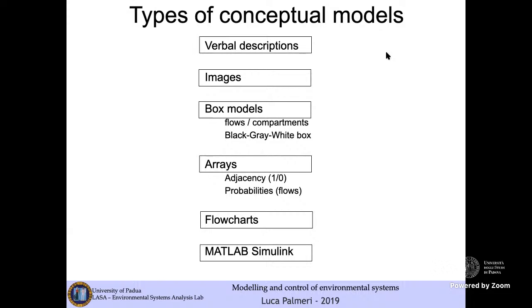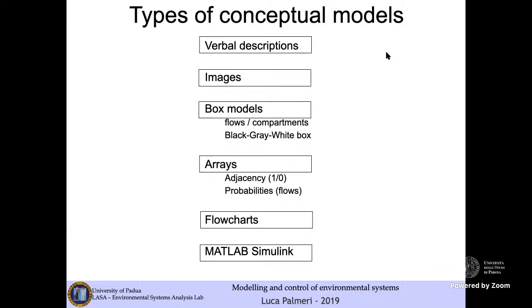Once we have built a box model, you may recall that we are ready to translate these box models into arrays or matrices, matrix models. We said that matrix models are linear descriptions of a system, but anyway, this is the starting point that allows us to build a conceptual model of a system.